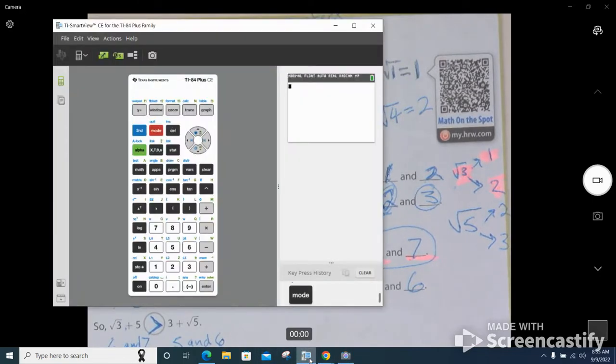Turn on your calculators. You're going to have all kinds of stuff on your screen because I use these calculators for all my math classes. You might see something you don't like. There might be something funny. You might be tempted to try other things. But what I want you to do is hit the second button, then hit mode. That takes you to this home screen.